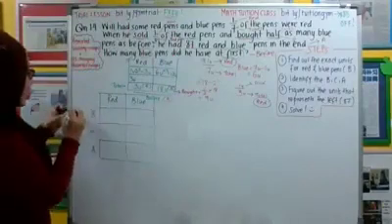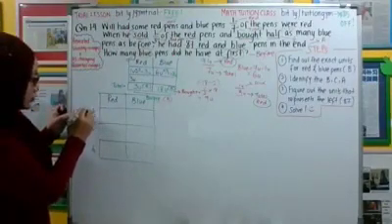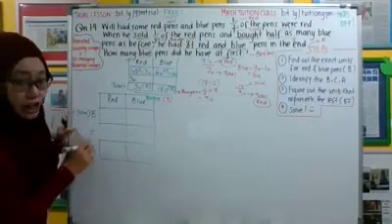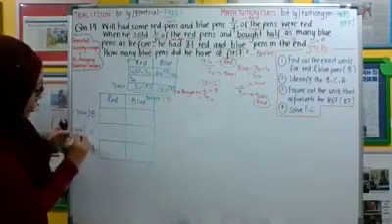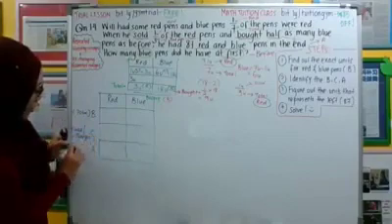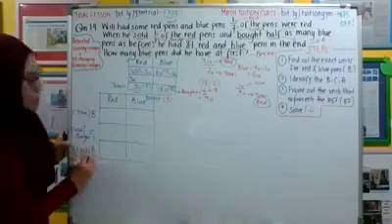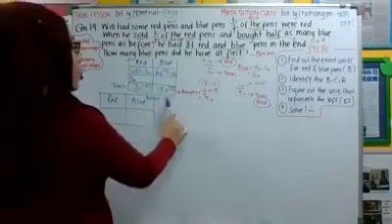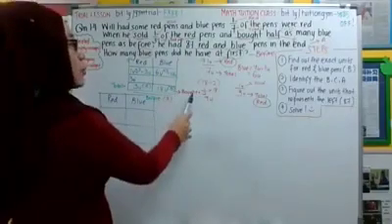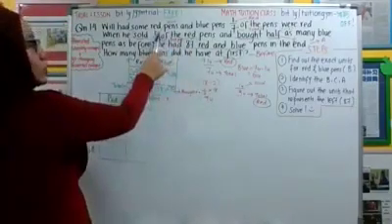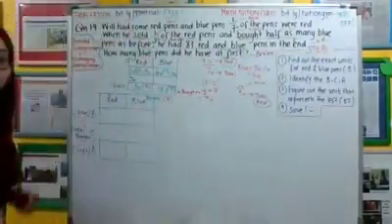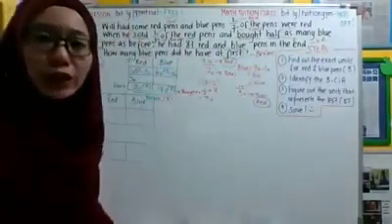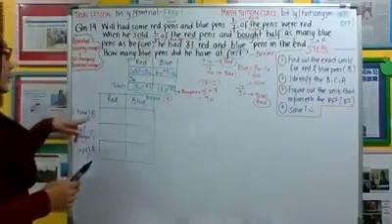Before here means my total. Change here means my sold or my bought. After means my left. Okay, so I know my before, I know what is bought, I know what is sold, I know what is left in the end. I know everything. All I have to do is put into the table accordingly.